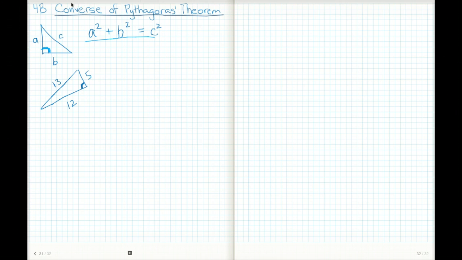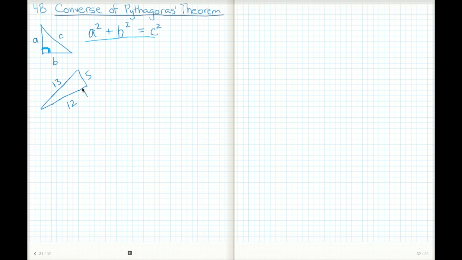And that's what we mean by converse. Converse is a type of inverse, or a type of opposite. It means instead of starting with the right angle triangle and using Pythagoras' theorem, we're going to start with Pythagoras' theorem and use it to prove the right angle.